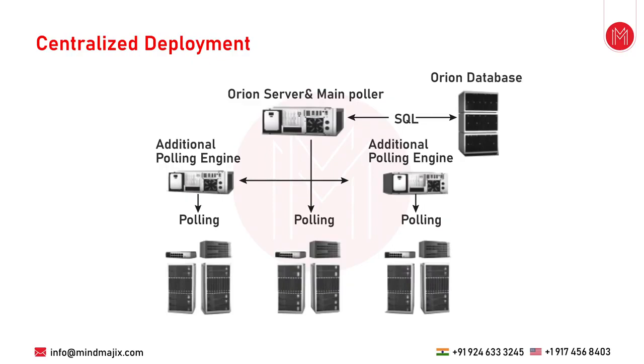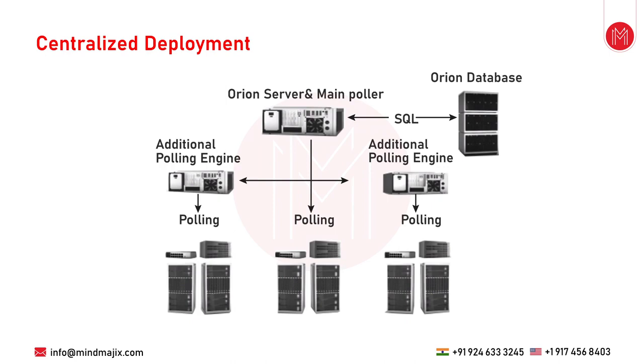Similarly, the main polling engine itself collects the performance of various other infrastructure devices configured to it. Whenever we add any device into SolarWinds, we define through which polling engine that device has to be monitored. Here we have options of 3 polling engines in total when we monitor any particular device. In order to share the polling load, the additional polling engine comes into the picture.